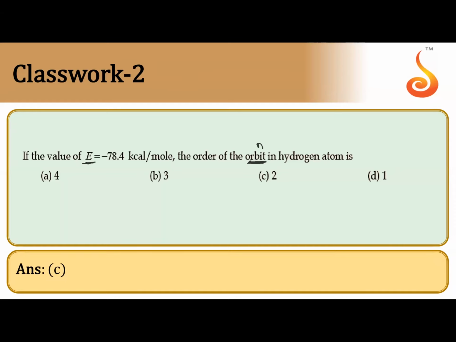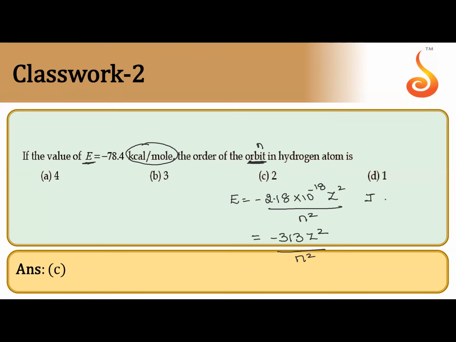We know that energy can be written as minus 2.18 into 10 raised to minus 18 Z square by n square, right? But this formula is in joule. We want the formula in kcal per mole, that is that 313 constant. Okay, so let's modify this. Correct. Minus 313 Z square by n square.